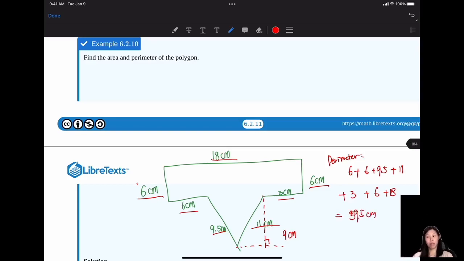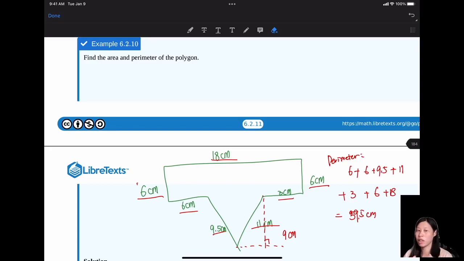So what about the area? To find the area, you can divide this polygon into 2 parts. Think about all the areas that we learned how to find for polygons. We have a rectangle, square, trapezoid, triangle, and parallelogram.